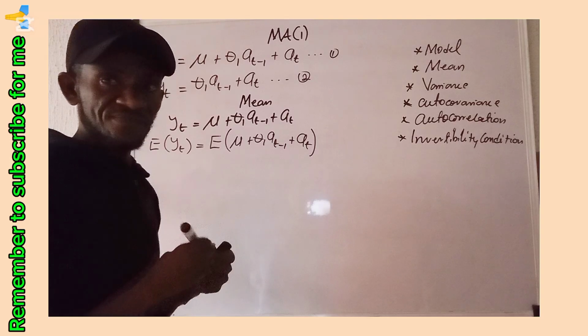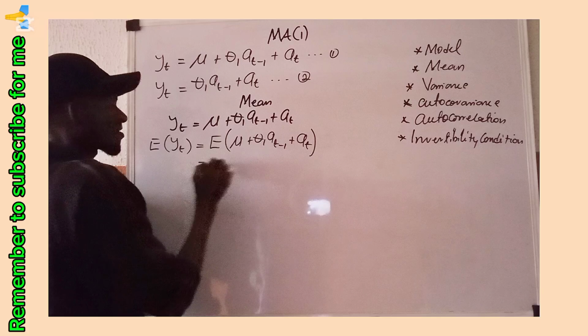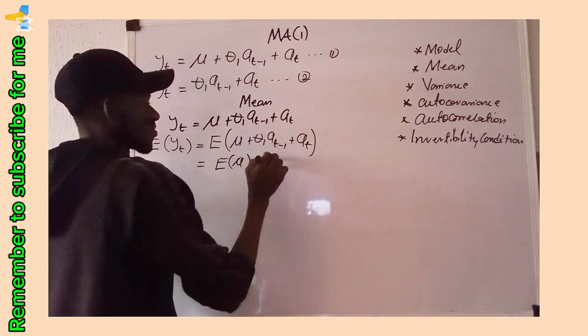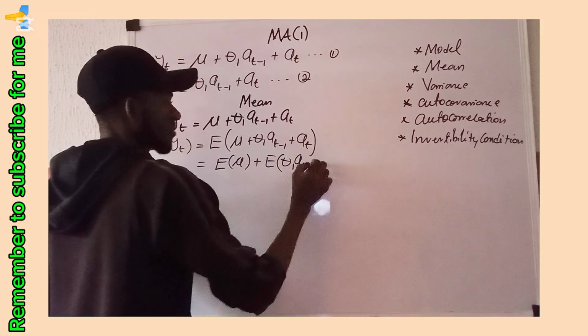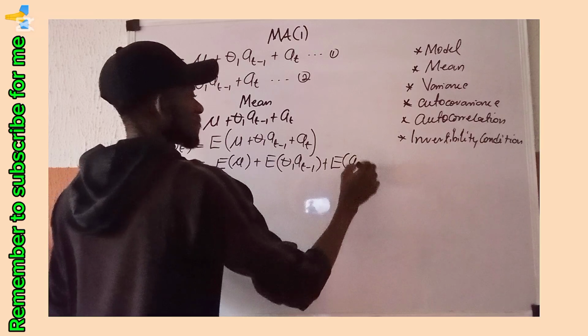Now, to open this bracket, what we have becomes E of mu plus E of theta 1 a of t minus 1 plus E of a of t.